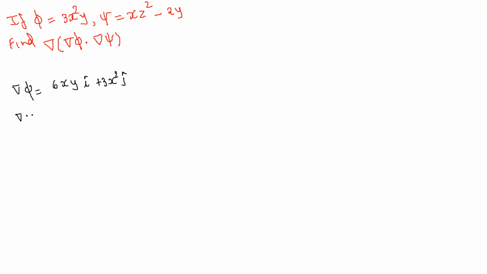And what is nabla psi? z squared i caret minus 2j caret plus 2xz k caret. Now you have to first take the dot product of nabla phi and nabla psi.